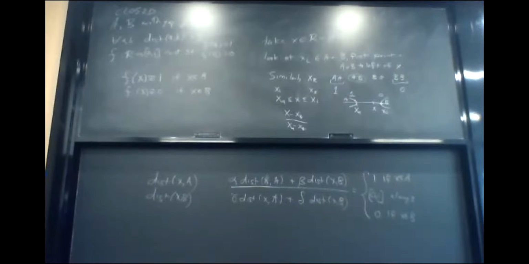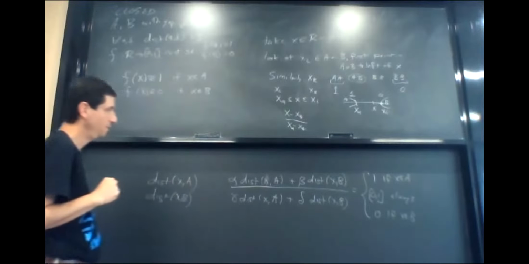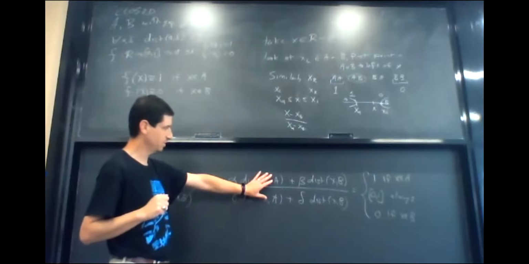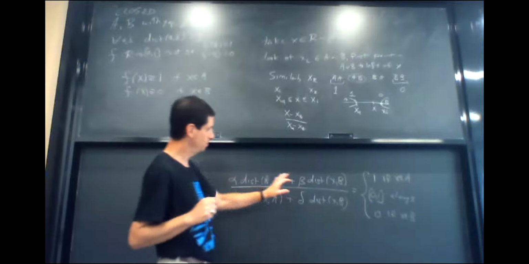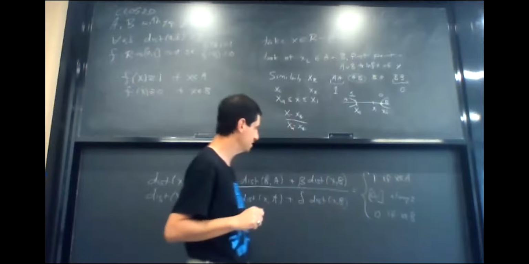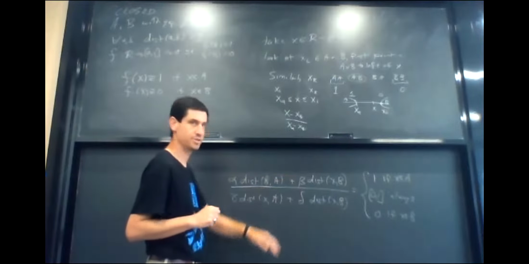The first condition forces beta and delta to do the thing. So if x is in A, then these are both 0. If we want this condition to be true, 1 for x in A, these no longer matter, and so beta has to equal delta.